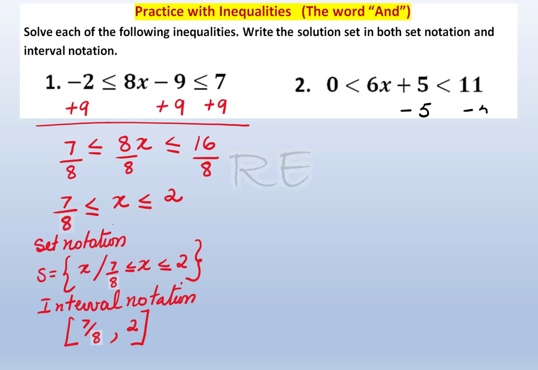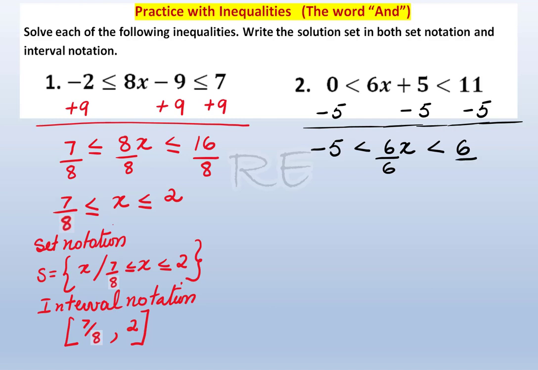Number 2, we're going to subtract 5 from both sides. We get -5, strictly less than 6x, strictly less than 11 minus 5, which is 6. Then we divide all three sides by 6: -5/6, strictly less than x, strictly less than 1.